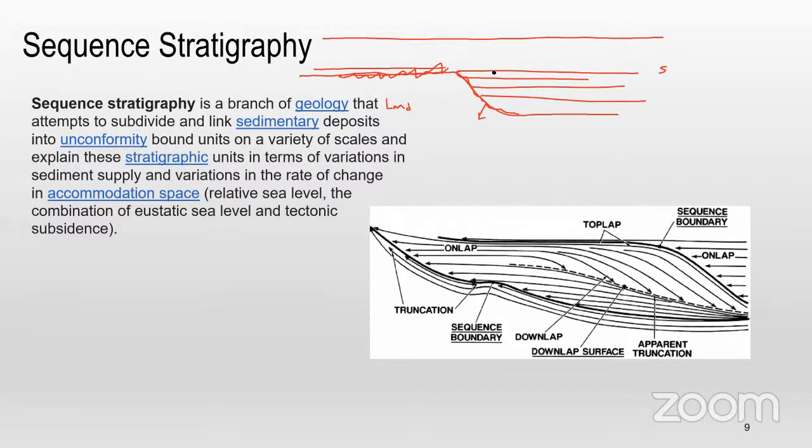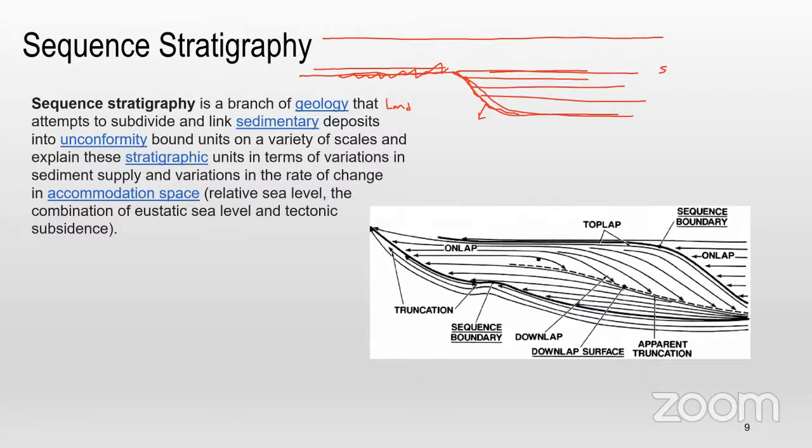So the relation of these intervals with these surfaces is very important for us because they show us the direction of the beds and also the stacking pattern of the sediments.